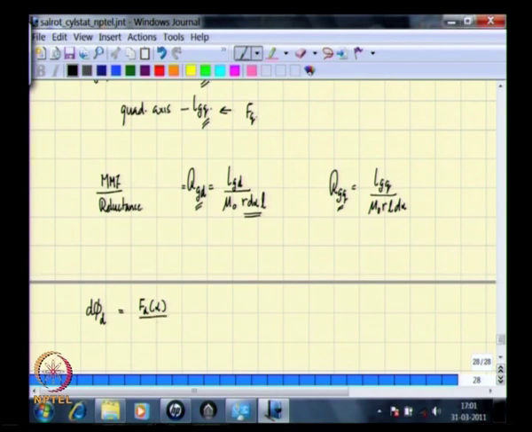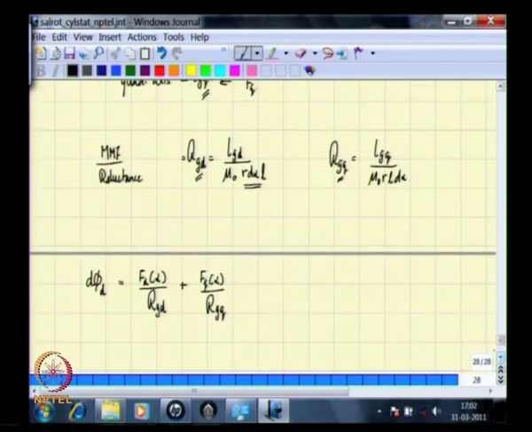At a particular angle alpha it would have a certain value, and that value divided by the reluctance Rgd gives you the flux generated due to the direct axis MMF. Add that to the flux generated by the quadrature axis MMF. To get that you have to divide by Rgq. This is the flux generated at this angle alpha passing through this elemental area.